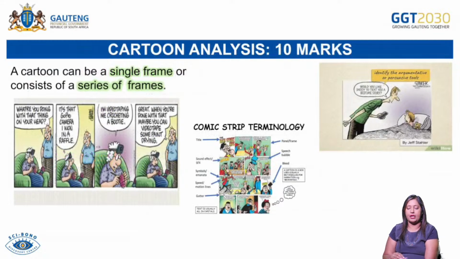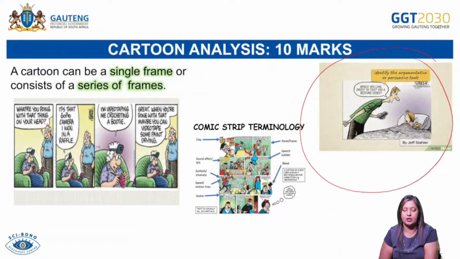The single frame, like this here on the side of your screen, would be one important frame of information, and it's showcasing everything you need to know in that particular frame. So it's a single frame, giving us as much information as possible.